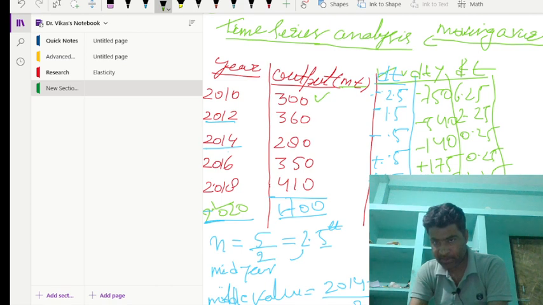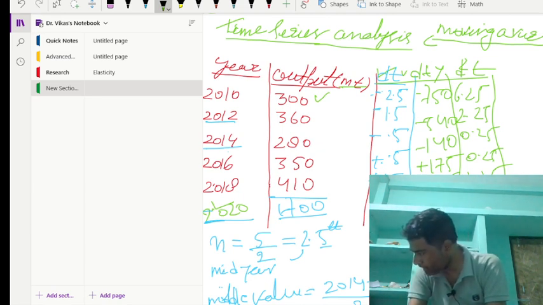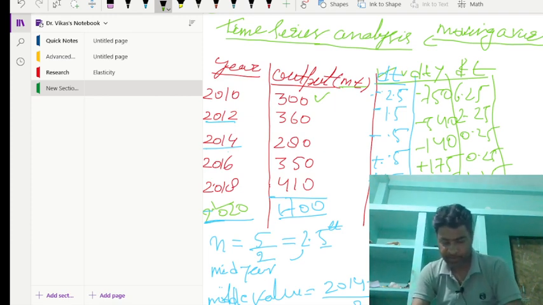Sigma dty is the sum, and sigma d squared t, we will get minus 640, and here is 11.25. So we have got the sigma dty and d squared t values.